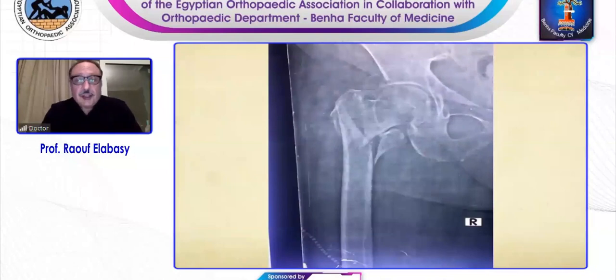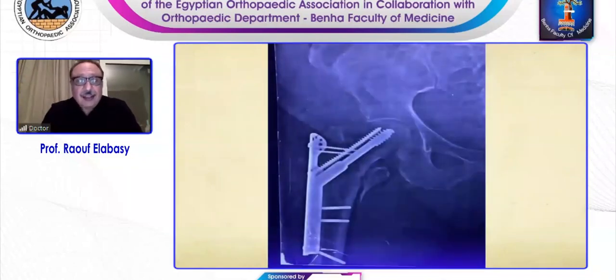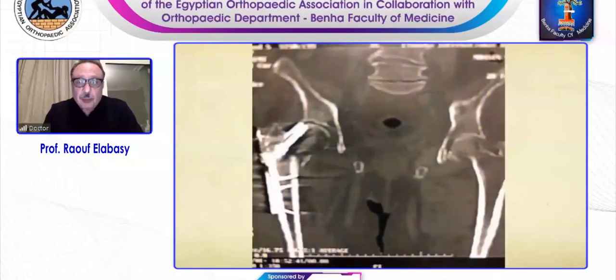My third case was still an unstable fracture where a DHS was done with a sliding plate for fixation of the greater trochanter. The first X-rays were not bad, but a few months later, this was the picture with the CT.